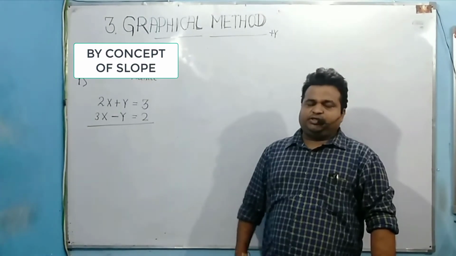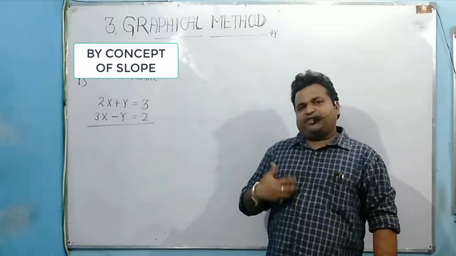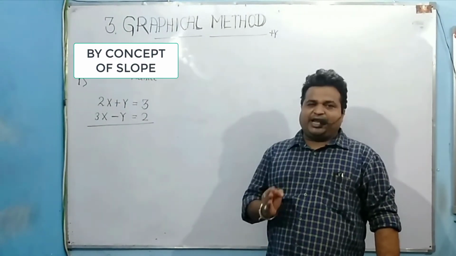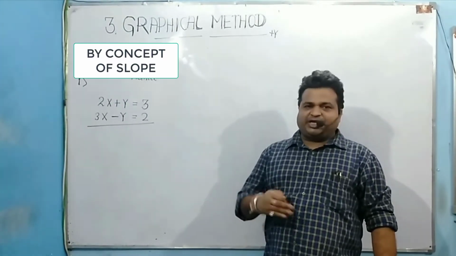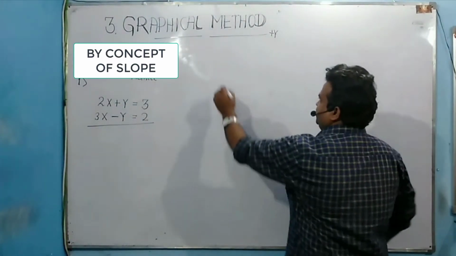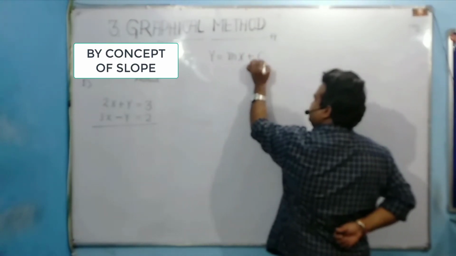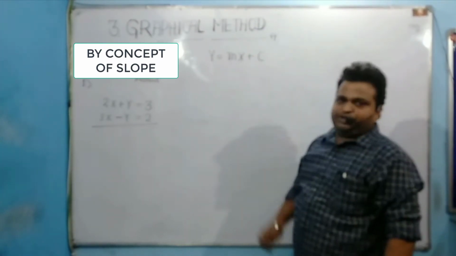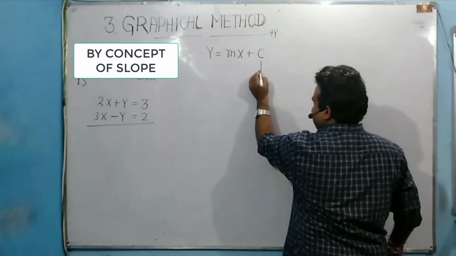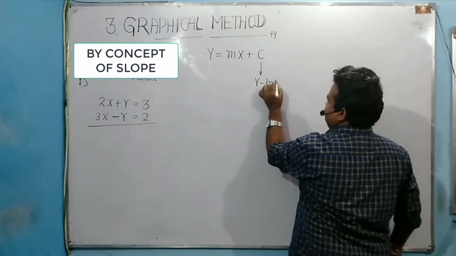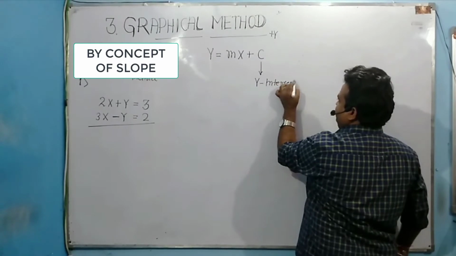Now in this case, your students are clear with the concept of straight line equation. And what is your straight line equation? My straight line equation is y equal to mx plus c. So this is the straight line equation where this c represents the y-intercept.